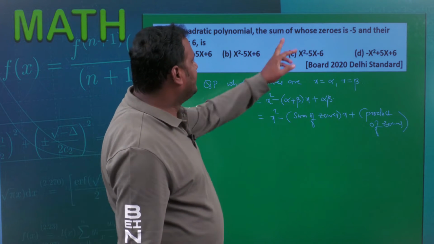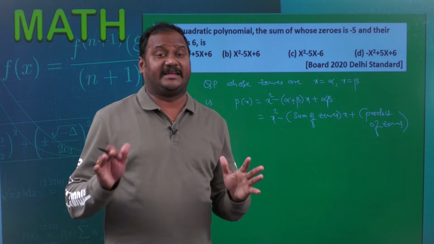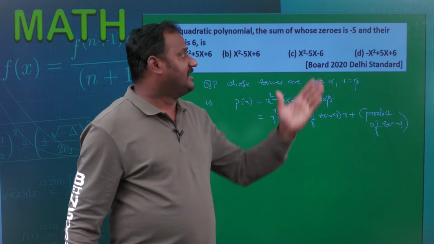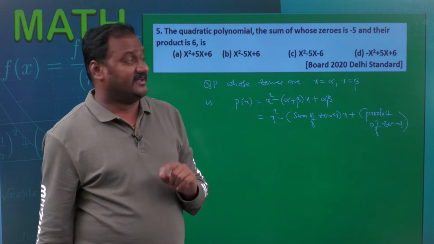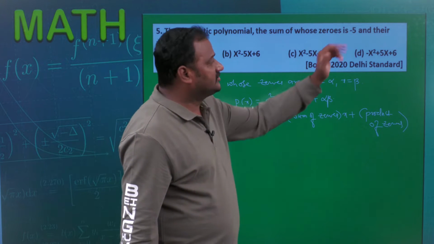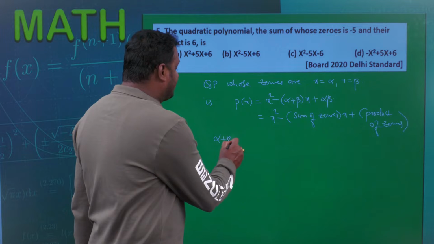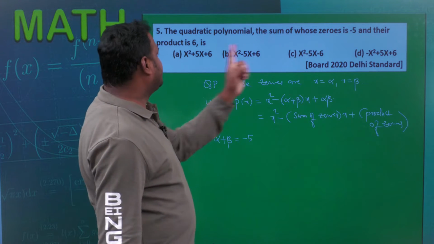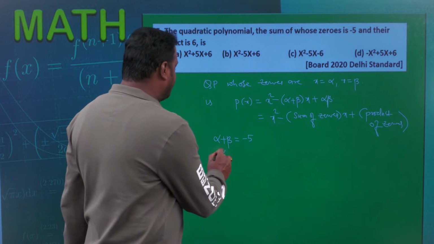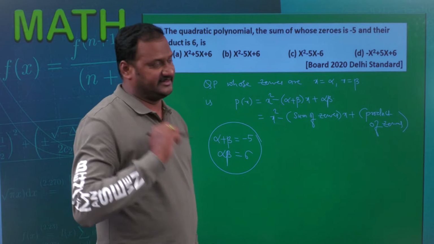They feel that since sum of zeros is minus 5 and product of zeros is 6, alpha is given as minus 5 and beta is given as 6. No, not at all. Sum of whose zeros is minus 5 means alpha plus beta is equal to minus 5, not alpha equal to minus 5. And product of zeros is 6 means alpha into beta is equal to 6. This is the information given in the problem.